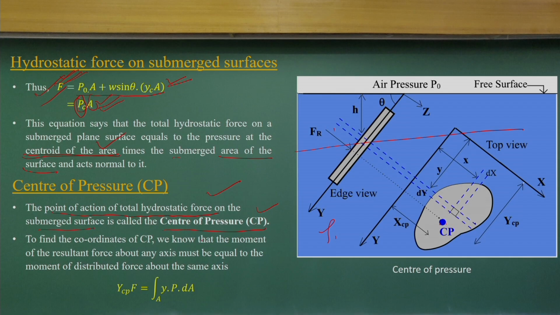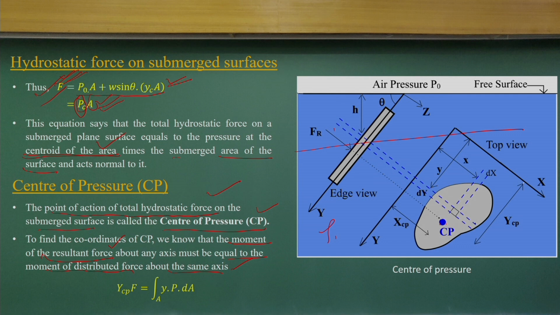It is a simple problem, like the cantilevers with different loadings you have done, to find the point where the force is acting. The same concept is used: the moment of the resultant force about any axis, x axis or y axis, is equal to the moment of the distributed force about the same axis. As we do in solid mechanics, the same concept we are using.